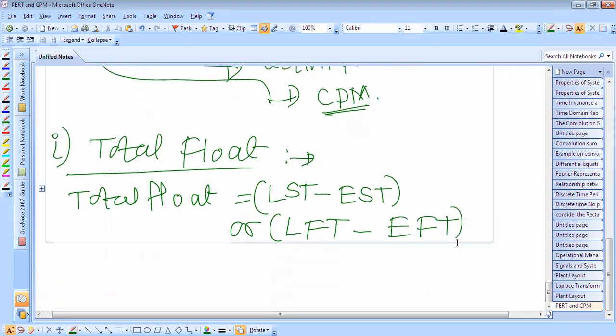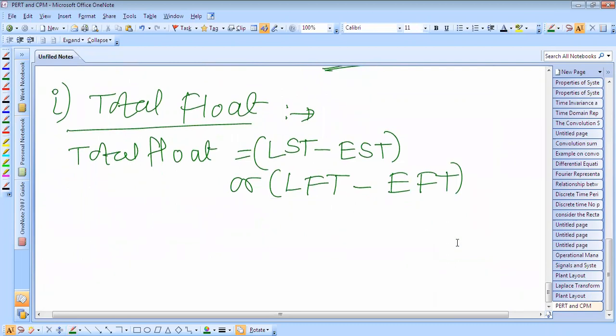Okay, so don't get confused even if you have the negative sign for the float.